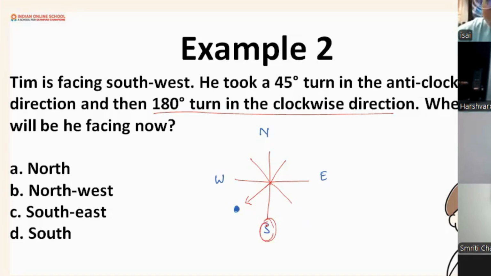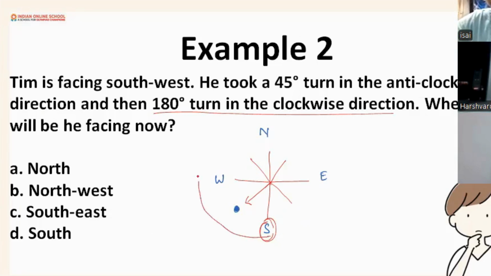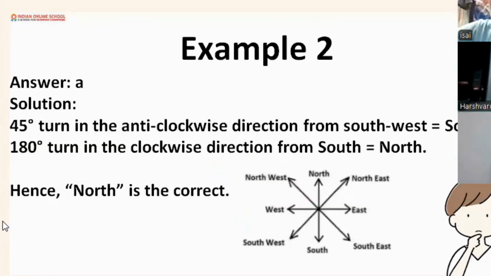Tell me, yes, Harshvardhan, you are on mute. Yes, correct. He needs to face towards north. Okay, so the answer needs to be what? North. Understood, everybody? Why does the answer need to be north?